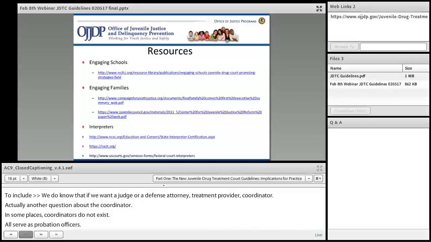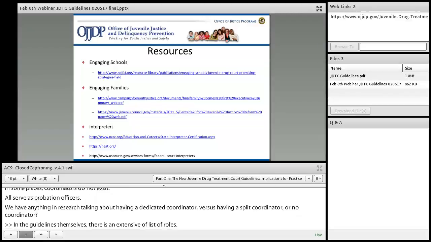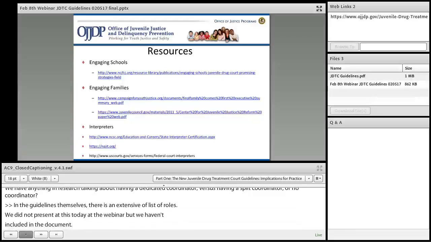In the guidelines themselves, there's an extensive list of who the different roles are. We did not present that here today on the webinar, but it is included in the document. I'm not sure if it precludes it, but there is a key role for the coordinator and a key role for the probation officer.